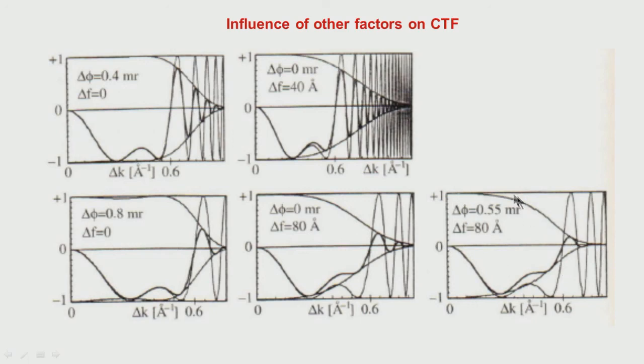Finally, as I mentioned earlier, though this fluctuation takes place in an ideal case, where only the spherical aberration is considered, when we consider all other limitations, the spread of the electron beam, chromatic aberration, and all other contributions to the lens errors, then we may not even be able to go up to this. Before that itself it comes down to a point. So, this is what decides the information limit.